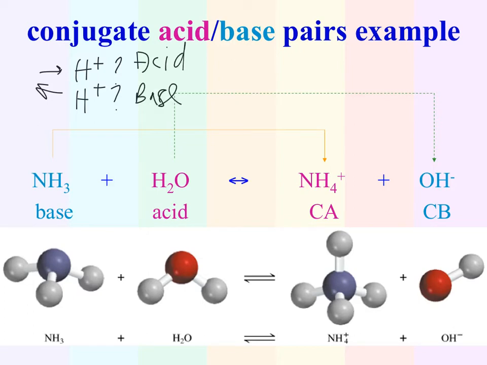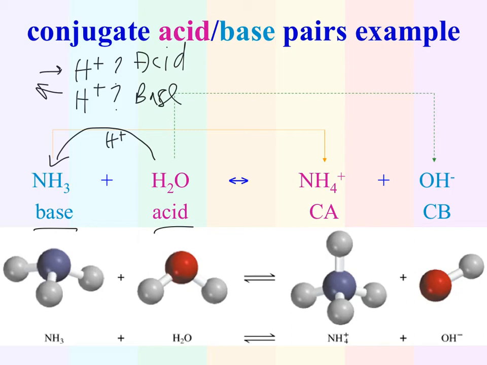So in the case of NH3, we know that NH3 is a weak base, or at least that's something that you guys should memorize. And we know that H2O is amphoteric, so it can go either way. It can either behave as an acid or a base. So in this case, we know that NH3 is a weak base, so therefore H2O is going to act as an acid. Acids give up protons, so this acid is going to give up its proton to this NH3.